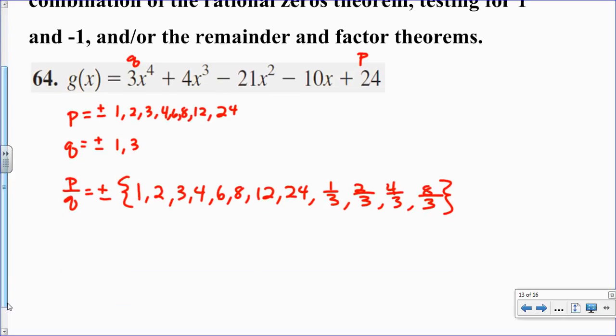So let's start by testing 1. So 3x to the 4th, 4x cubed, -21x squared, -10x, 24.